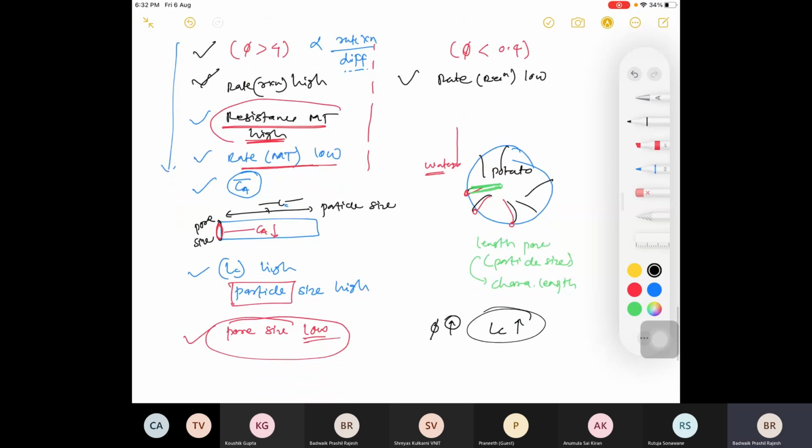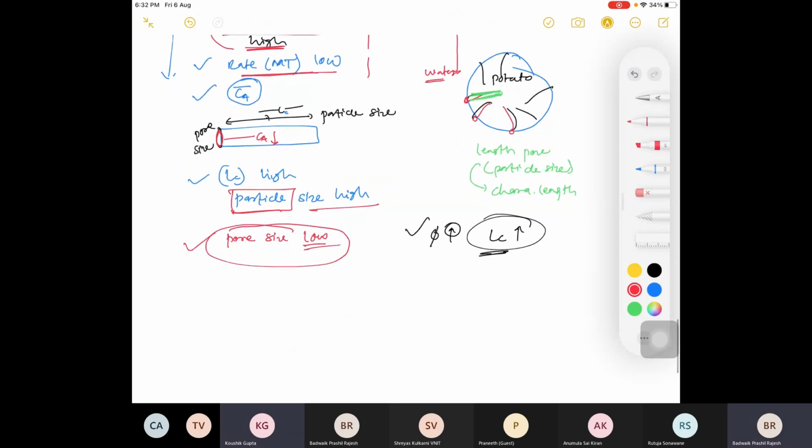So whenever phi is high, your characteristic length is high. That means particle size is high. I hope you are clear with this now. Okay, so that's all about this.